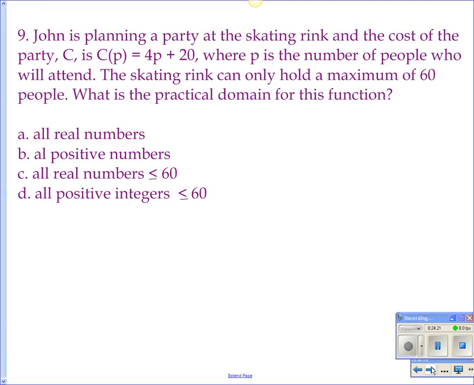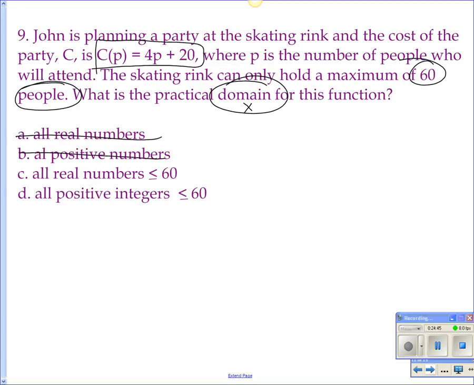Domain is your x. Andrew, what's something else I should circle? Good. 60 people. All right, so my answer has to have 60 in it, so I can mark out A and B.